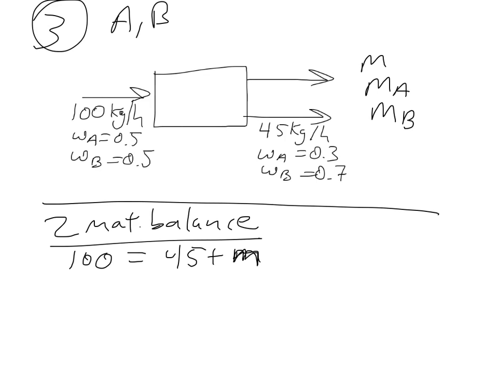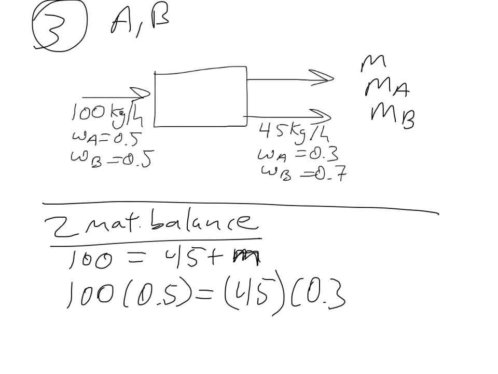Our second equation is the A balance, 45 and in this case it's MA. Now you may think our third equation should be the material balance on species B, but remember, when we have two species, only two of those equations are independent. So our third equation is simply M is equal to MA plus MB.